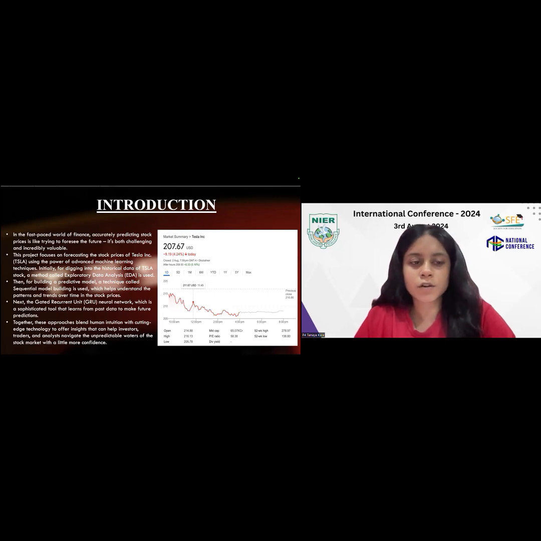For studying the historical data, the exploratory data analysis technique is used. Then for building a model, sequential model building is used. And finally, the gated recurrent unit technique is used, which is a neural network technique that learns from past data patterns and relationships to make future predictions.